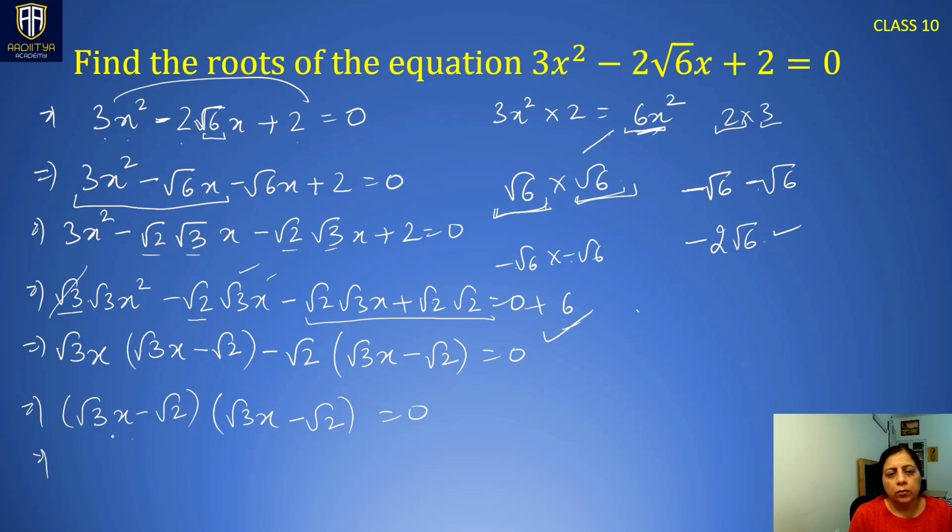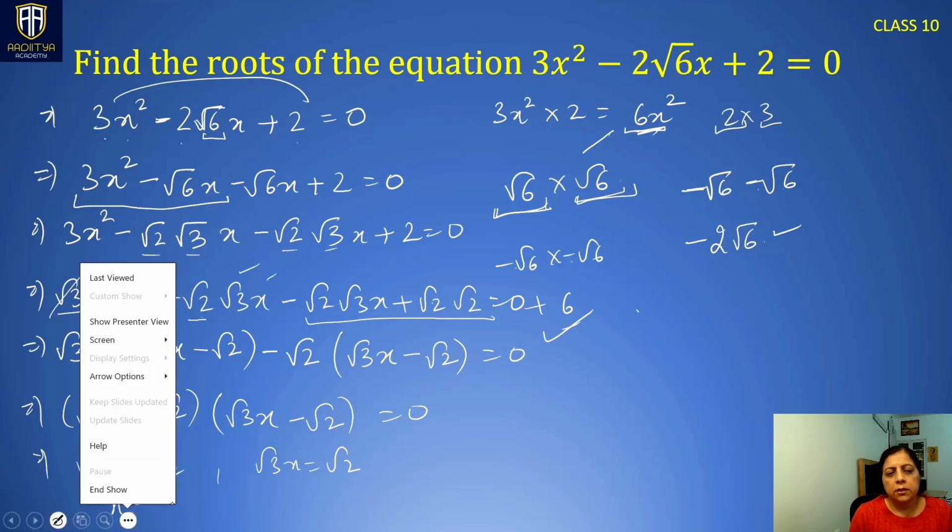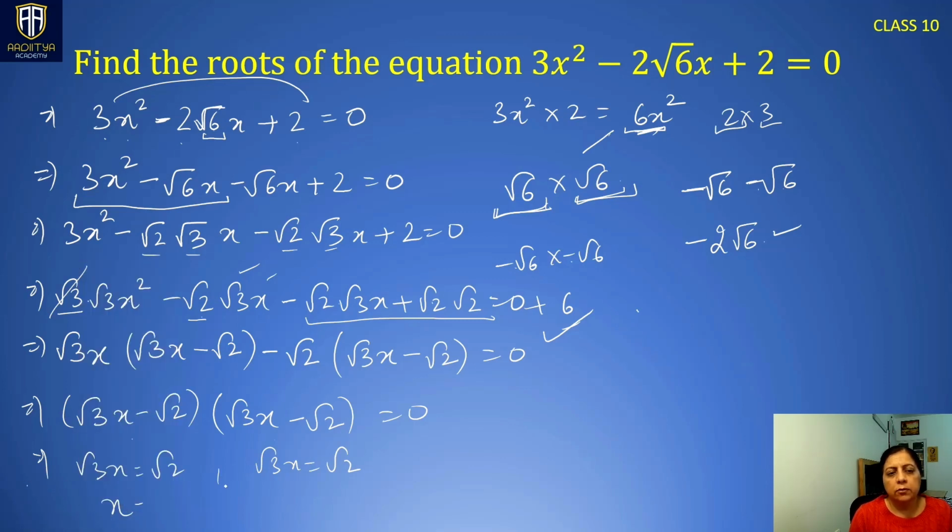So now equating this to 0, we get root 3x is equal to root 2. Here also root 3x is equal to root 2. So we can say x is equal to root 2 by root 3. And from the second term also x is equal to root 2 by root 3.